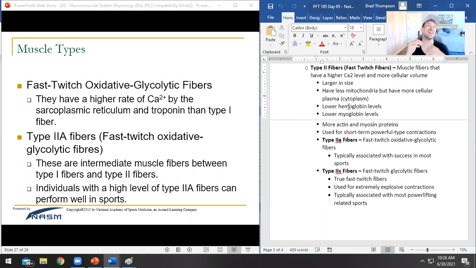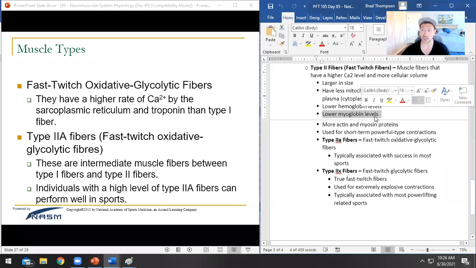What's that phrase? The brightest candle burns half as long, or something like that. The brightest candle is like glycolysis. So we're not going to see as much hemoglobin in athletes who primarily train for type 2, and in their muscles, they're not going to have as much myoglobin. They don't need to deliver as much oxygen because they're not relying on oxygen for their energy production.